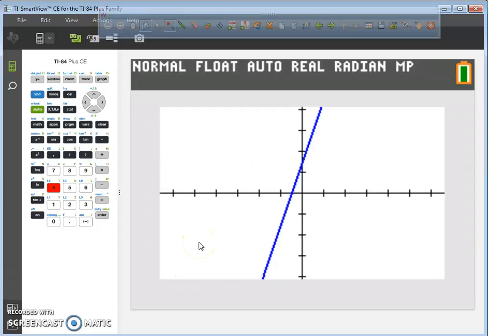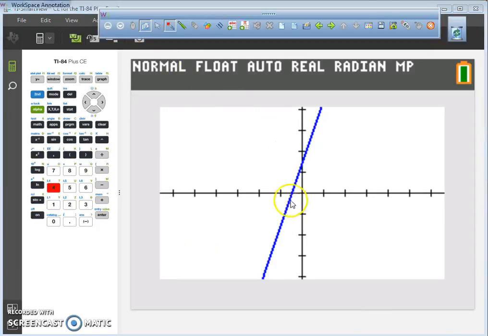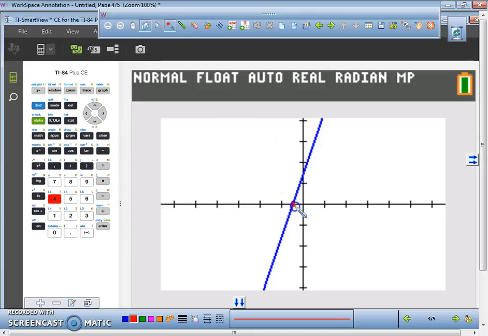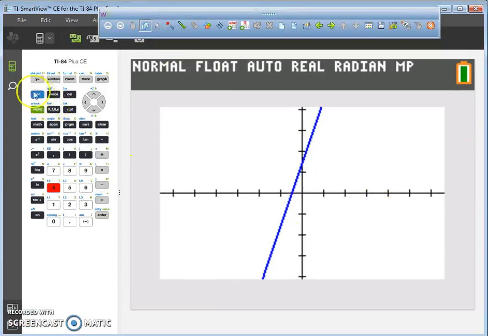There's our graph. Okay? Now, when you guys look at this graph right here, what does this right here represent? The x-intercept. And what does this point right here represent? The y-intercept. Now, in the graphing calculator, you can actually check those if you wanted to, but it has to be at y equals 4. Here's how you check.